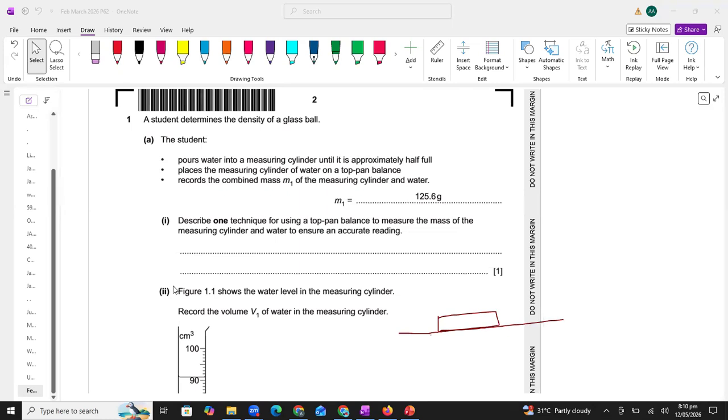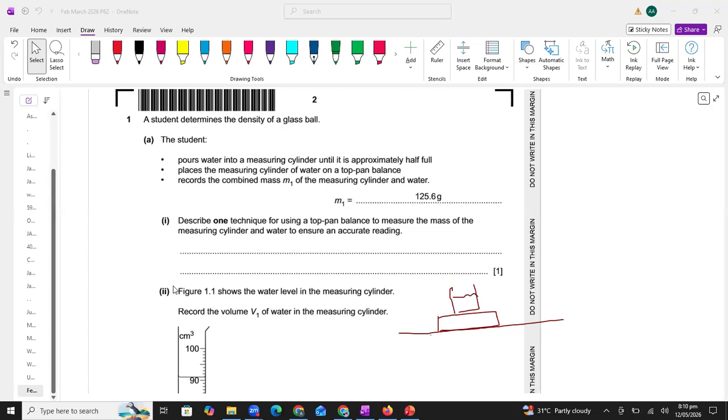If the surface is not smooth, it is tilted, so the reading measured by the balance is not correct. So we have to ensure that the top pan balance should be placed on a level surface. Otherwise, we will get an inaccurate answer.